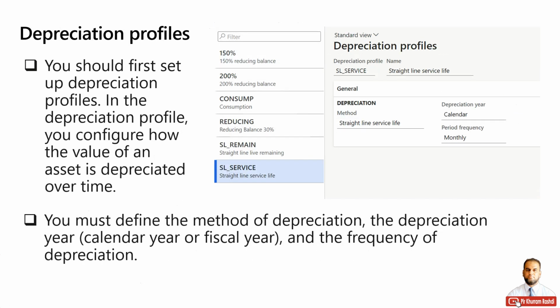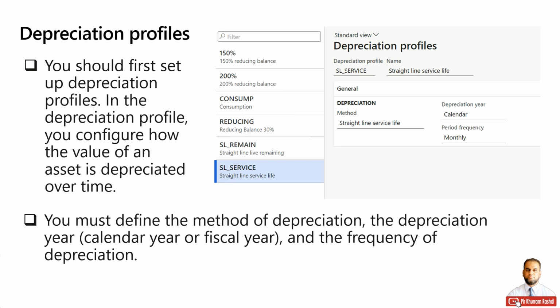Then there are depreciation profiles, and the accountants who work within the fixed asset domain already know about this. What are the various depreciation approaches when you talk about a fixed asset? That must be defined before you can define a book, because within the book you need to define a depreciation profile.